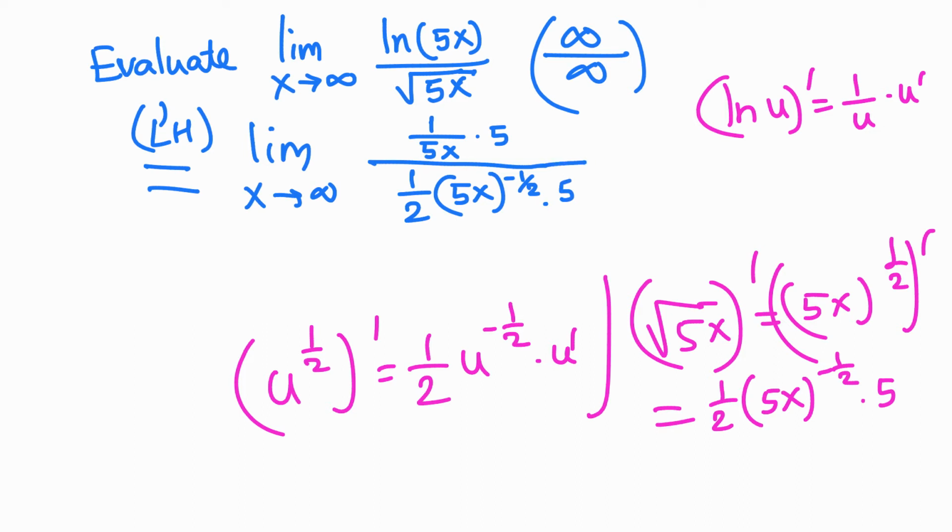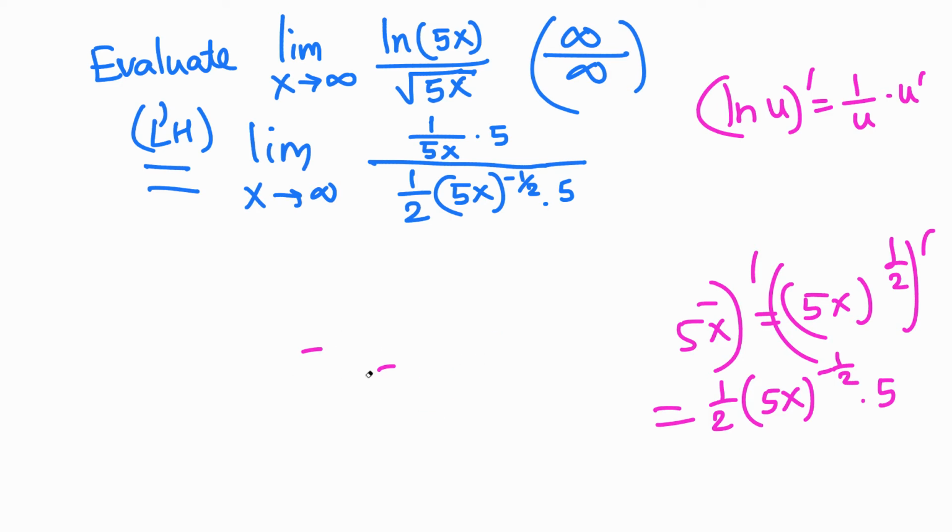Okay, now we can simplify before we plug in x equals infinity. So let me erase this just to make room here. Now it's a times 5, so we can cancel 5 from top and bottom. Let's not cancel anything else. So this is the limit as x approaches infinity of a fraction divided by another fraction.